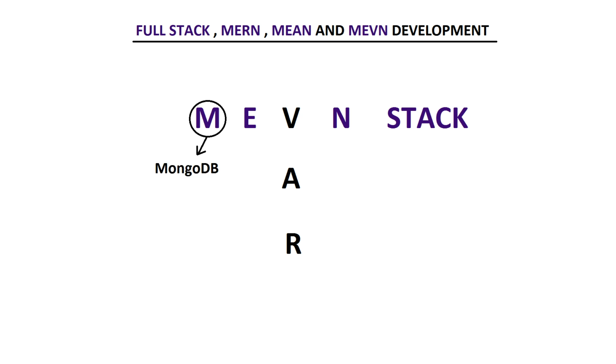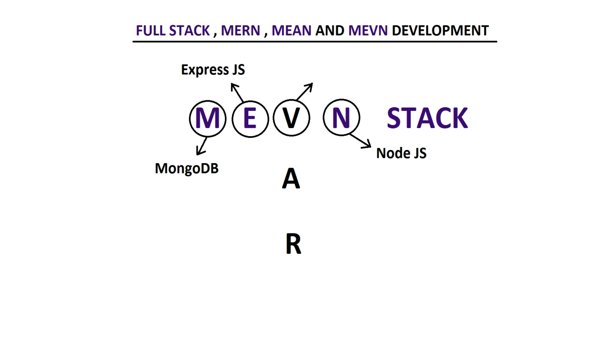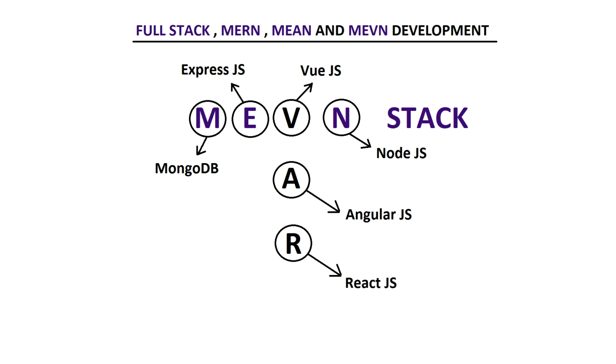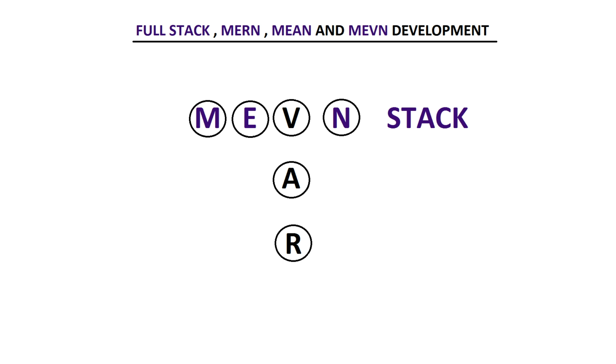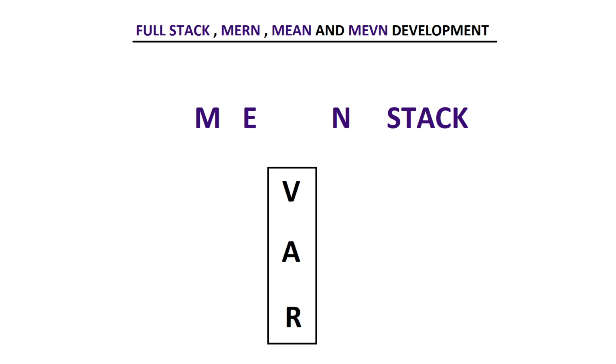M stands for MongoDB. E stands for Express.js. N stands for Node.js. They are common for all the three stacks. V stands for Vue.js. A stands for AngularJS. R stands for React.js. Now, let's see how they make full-stack development.